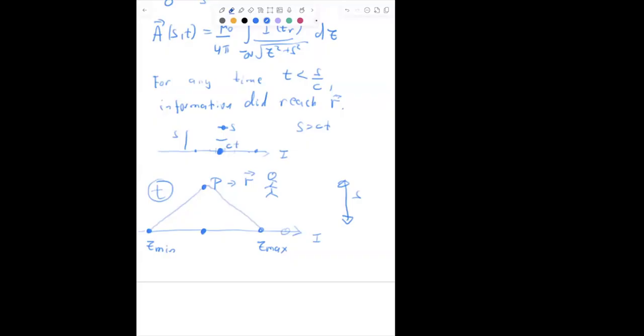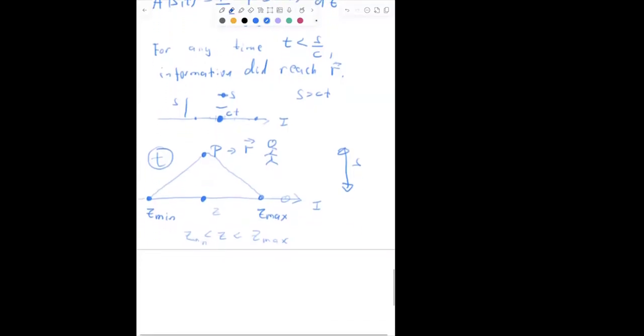What does this light cone mean? That the z's that are relevant for the integration are only those z's in between Z min and Z max. What does it mean? It means that other points along the wire are simply too far in order to transmit information in a finite amount of time t, because the speed of light is c, which is a finite number.